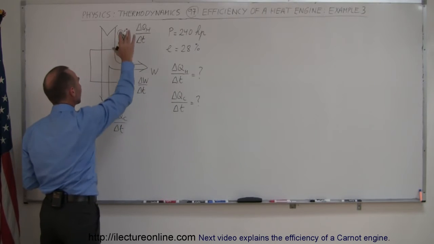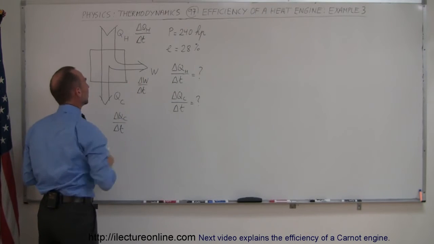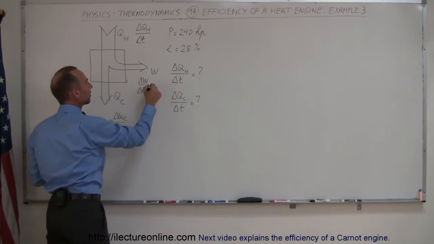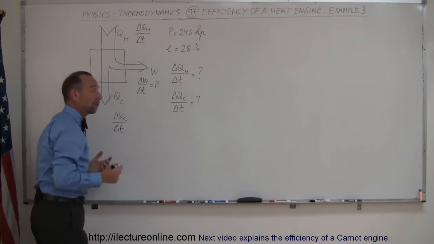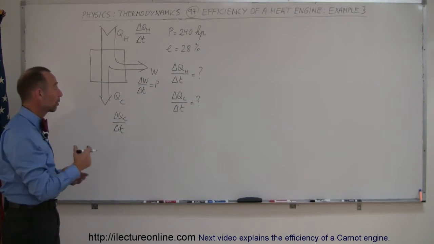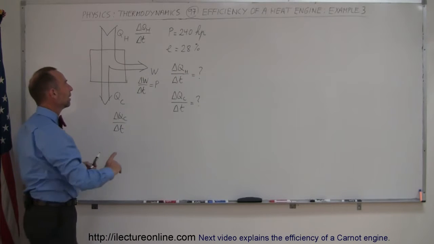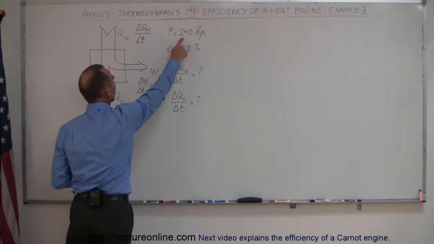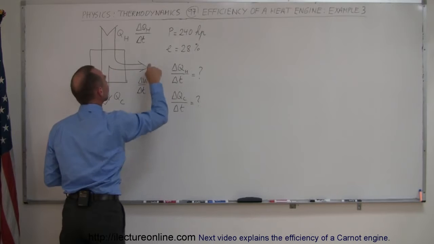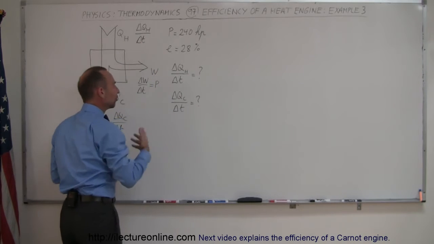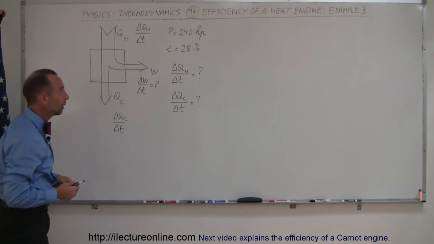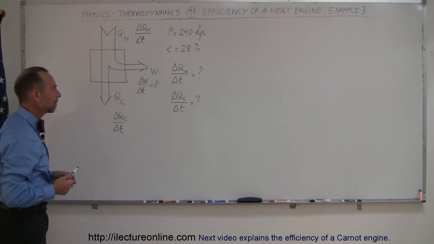So all I did was simply divide each of these three quantities by time. Then you realize that this is equal to power. Power is simply the rate of doing work per time. And so if we put this quantity in here, we should be able to figure out these quantities the same way we did before when we didn't have everything divided by time.